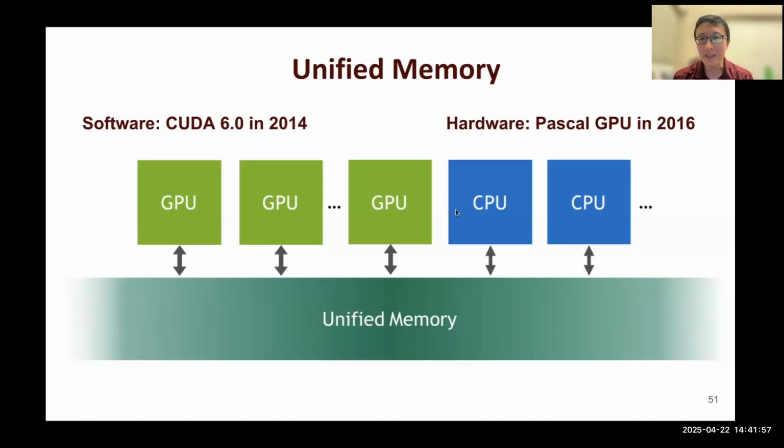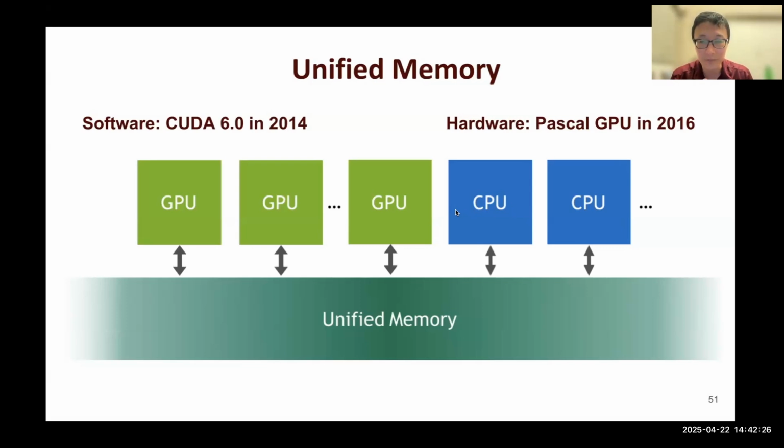In 2016, like 2 years later, the Pascal GPU, which is an older generation of the GPU architecture, started supporting this unified memory at the hardware level. When they say hardware level, it means that there are special hardware mechanisms designed to make this unified memory process faster. So it's not simply a software algorithm.